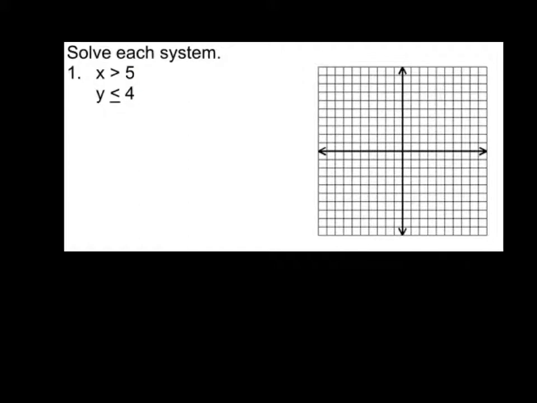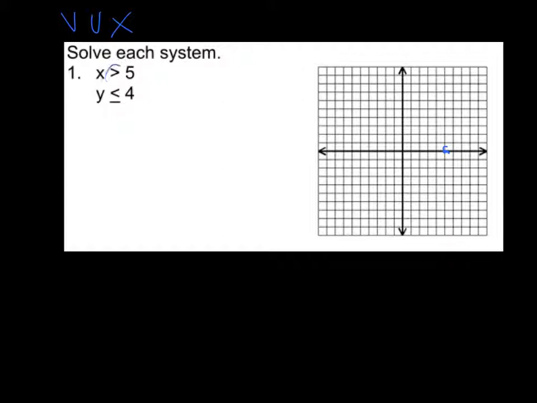Looking at this first one, I notice that it is x equals a number, so I know I'm using VUX on that. Remember, VUX helps me remember that vertical lines are x equals. Since this just has x is greater than 5, I am going to go to 5 on the x-axis and place a point, and I know that I need a vertical line passing through that.